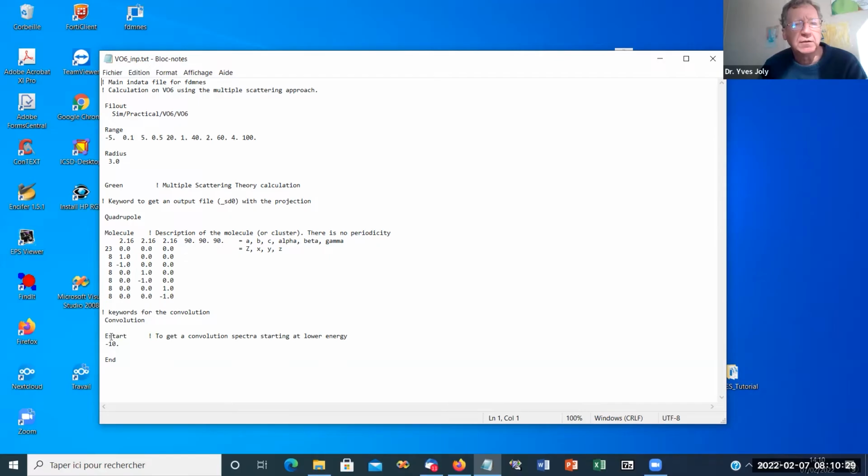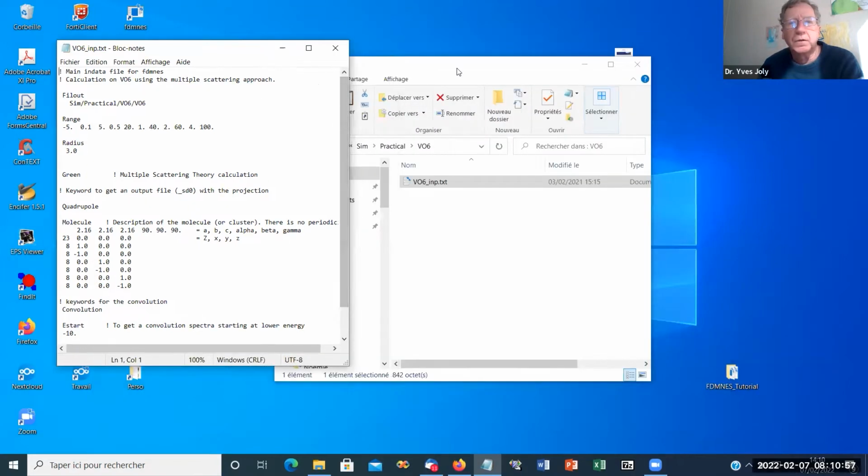This calculation is between -5 and 100 eV. But just for the convolution part, you can start at lower energy if you want to compare to the experiment. That costs nothing. You can see I have the keyword quadrupole, so we run just this.